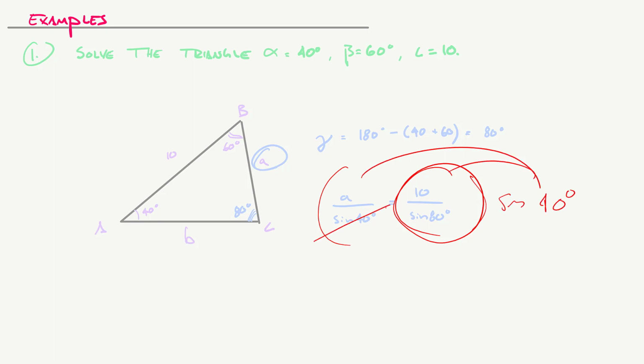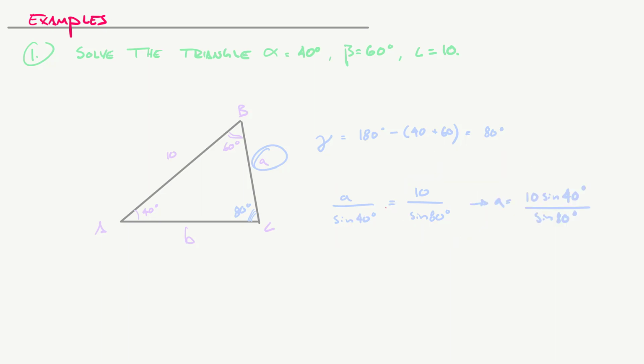It cancels on the left. So then 10 times sine of 40 degrees divided by sine of 80 degrees is A, which is approximately 6.5. I would put units there, but there are no units for this thing. Okay, that's it. We have A.